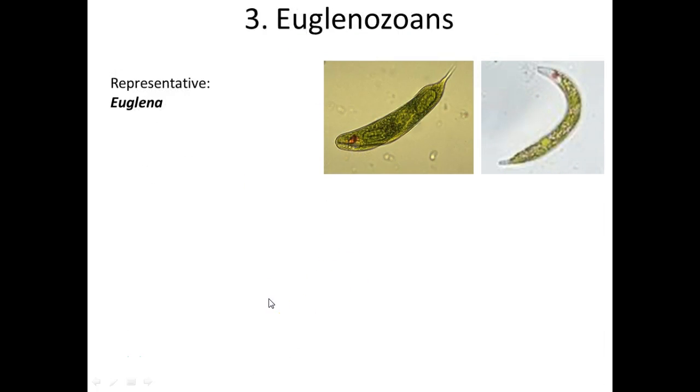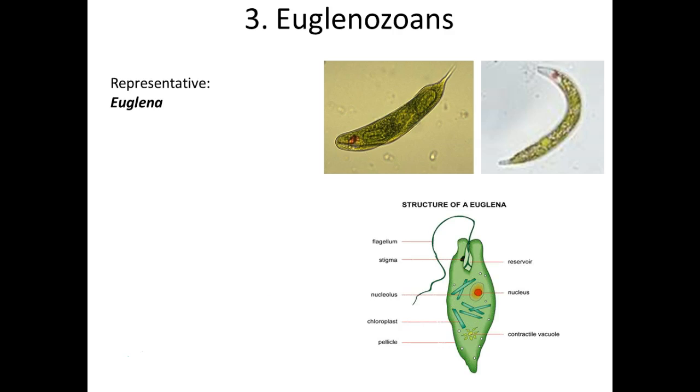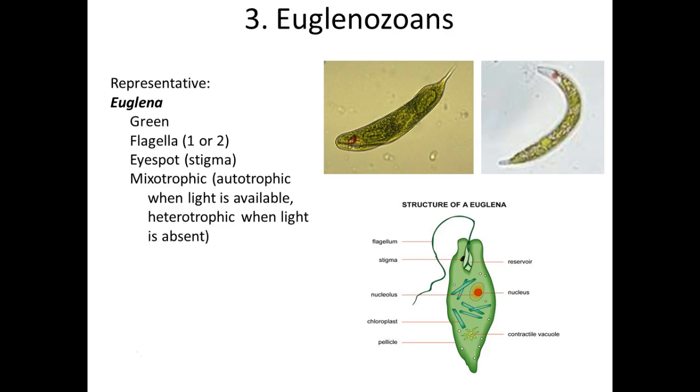So looking at these guys, Euglena, super cool organisms. They're green because of their photosynthetic pigments. They tend to have 1 or 2 flagella. They have an eyespot known as the stigma, so this allows them to move towards light in the water column to help them photosynthesize.